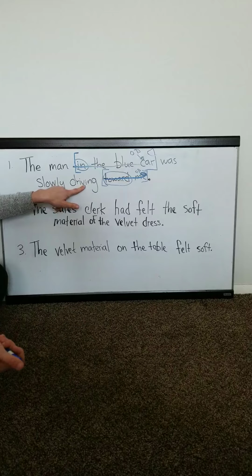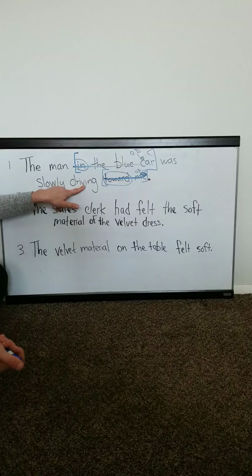Okay, so now that we've found it, let's figure out, is that an active verb or is that a linking verb? In order to figure it out, if I'm not sure, I can replace it again with one of these linking verbs. Been would be a good one, okay?